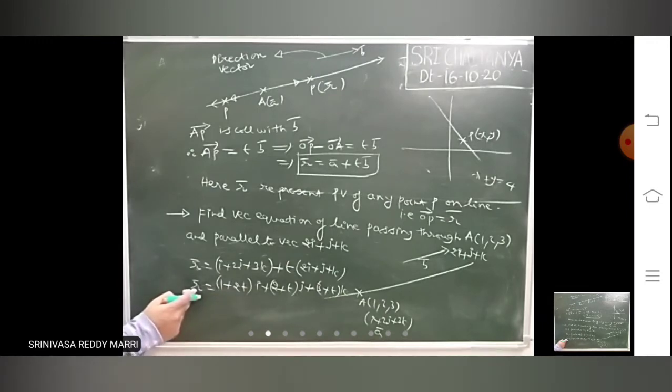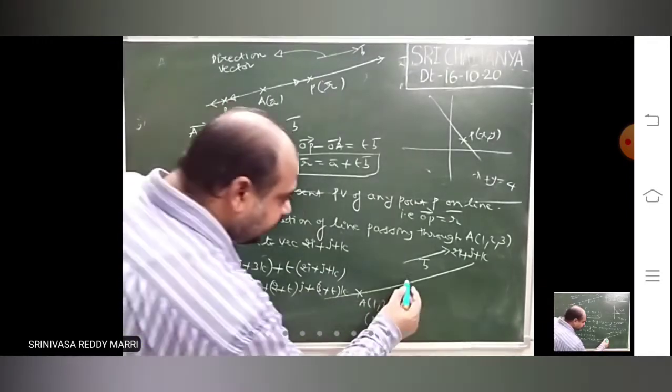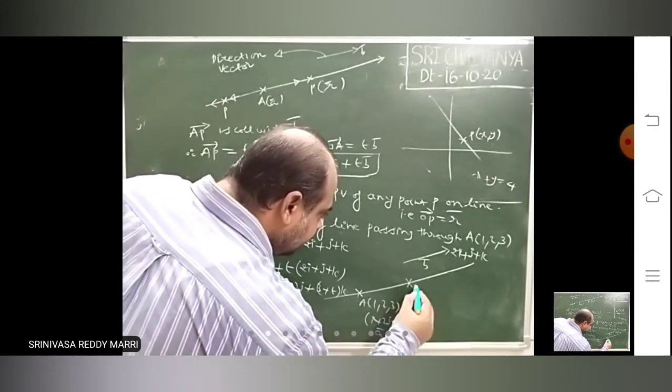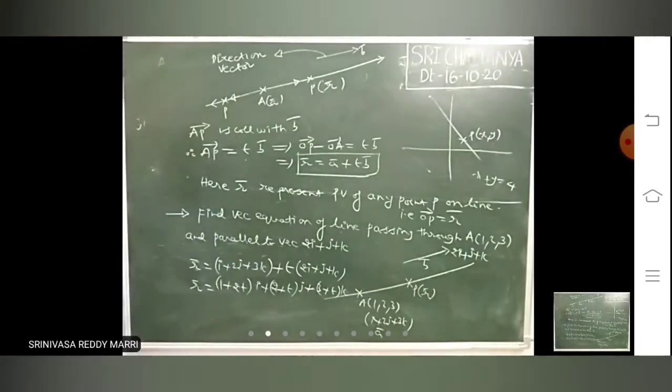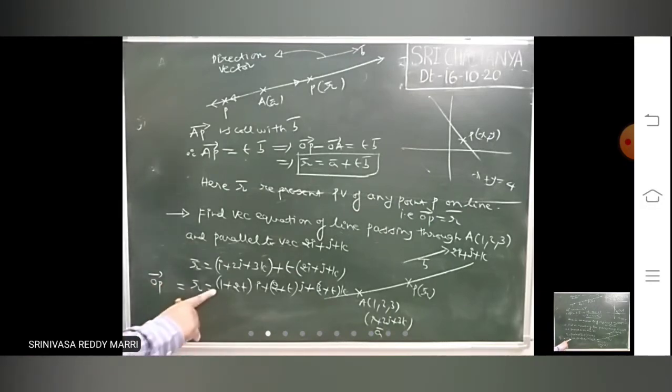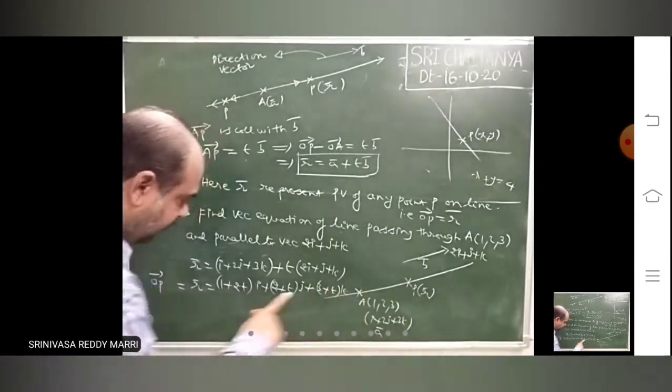Here R bar represents any point on the line, any point P on the line. That means this is nothing but OP bar, the position vector of P.